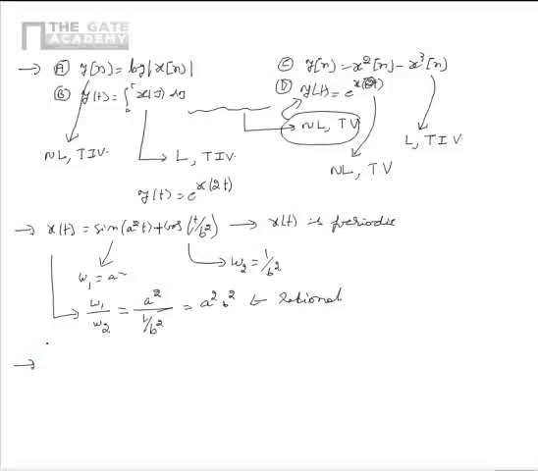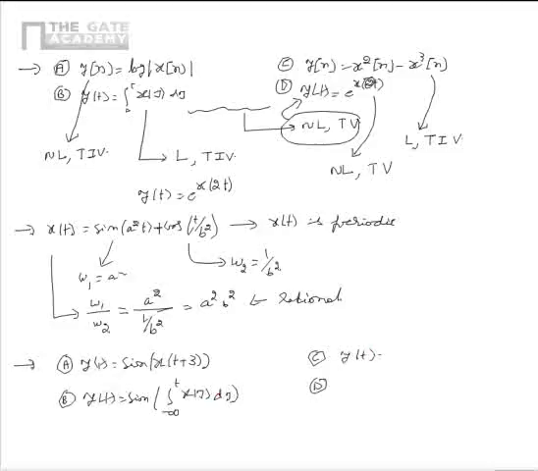Now let us consider another problem as per which there are four systems given in the options A, B, C and D. The system given in A is y of t is equal to sine of x of t plus 3, y of t is equal to sine of integral minus infinity to t x of tau d tau, y of t is equal to cos of x of t minus 2, and none of these.